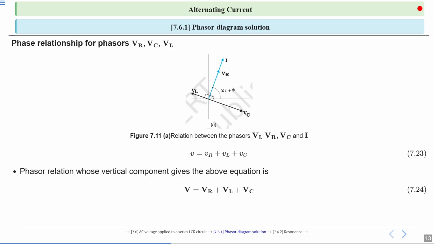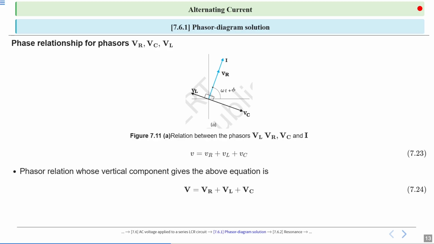So if we want to find the VRMS value across the circuit, or across all the components, we have to do the vector sum, because these phasors are vectors. Phasors are rotating vectors.